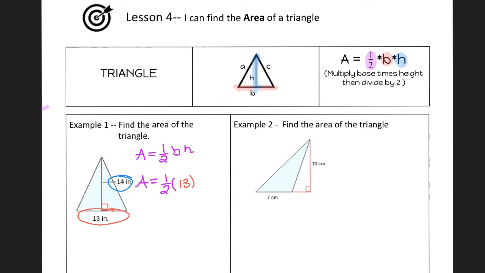My height is 14. So it's 1/2 of 13 times 14. Thirteen times 14 is 182. So I take 182 divided by 2.